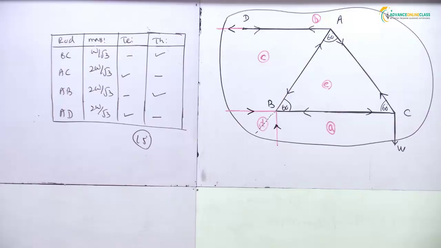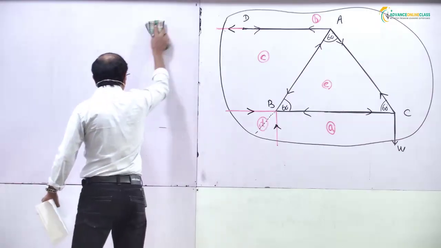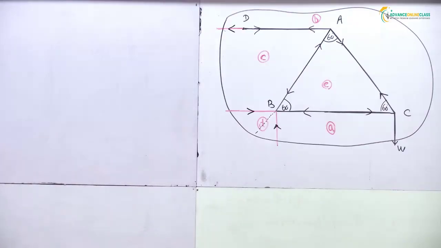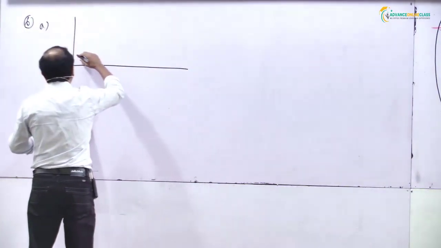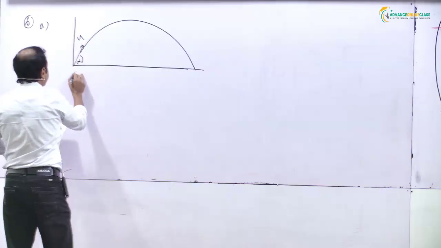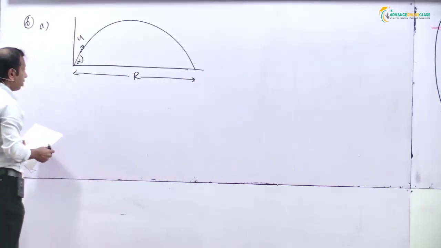Six part A. Alpha here, r here. Time of flight given as t.